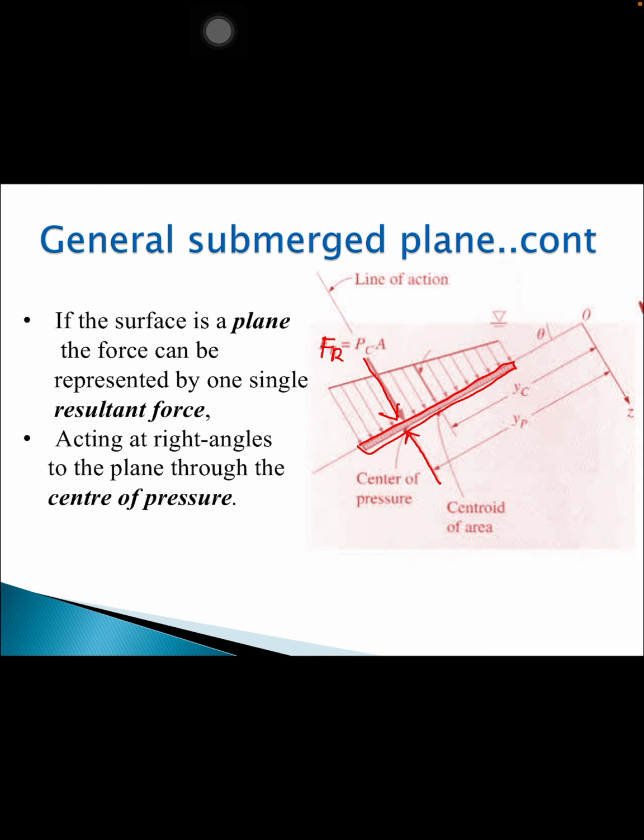So the center of pressure, this is what we call CP. So after we calculate the resultant force, we have to define where the pressure acts on the object, which we call CP. This is the resultant force, and this here is your CP.